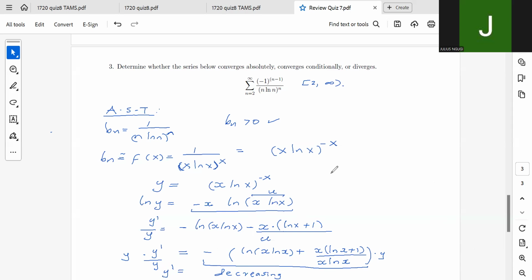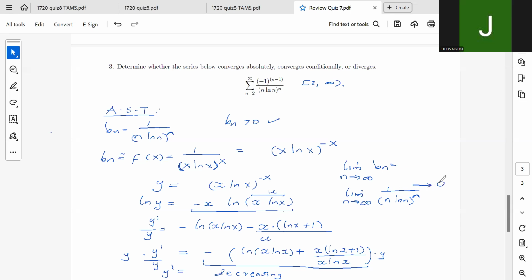Finally, the last part is to find the limit as n approaches infinity of Bn, where Bn is 1 over n ln n, all to the power of n. We observe that as n grows bigger and bigger, this goes to 0.